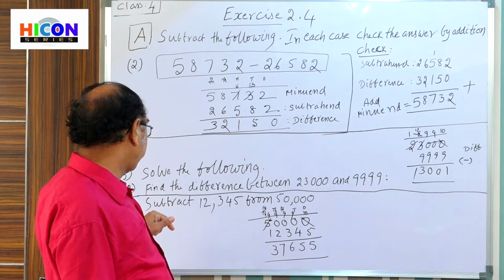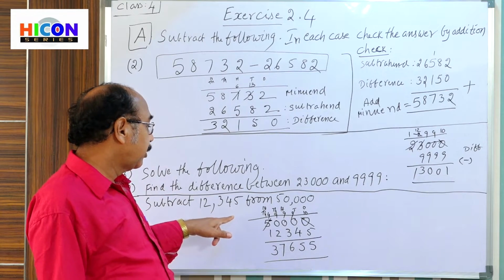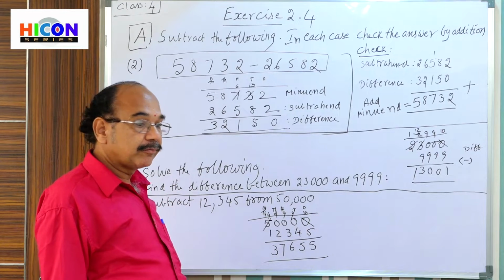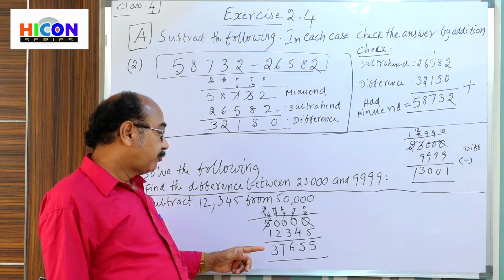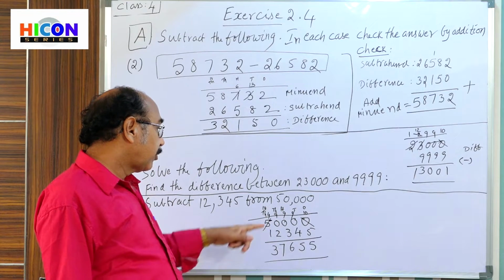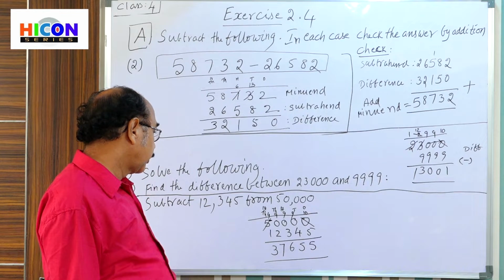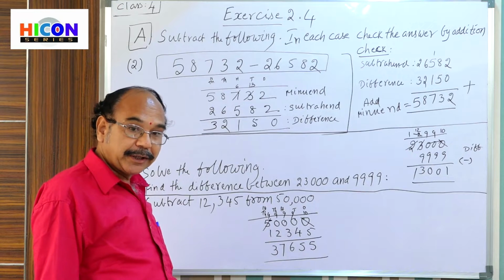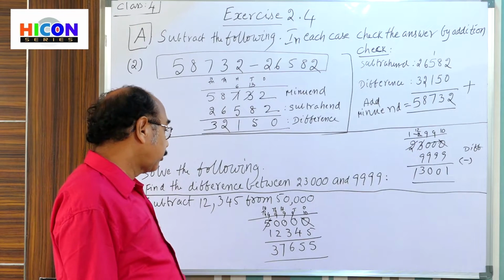So the next one. Subtract 12,345 from 50,000. From which number we have to subtract here? From 50,000 we have to do subtraction. What is to be subtracted here? 12,345 is to be subtracted.